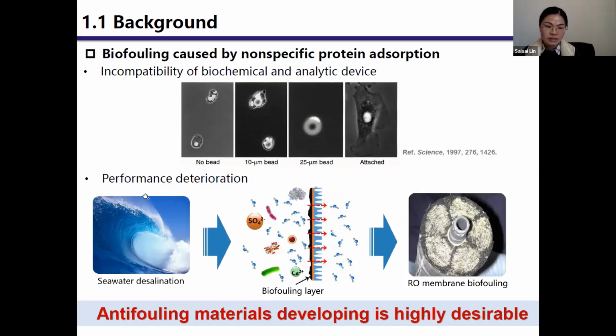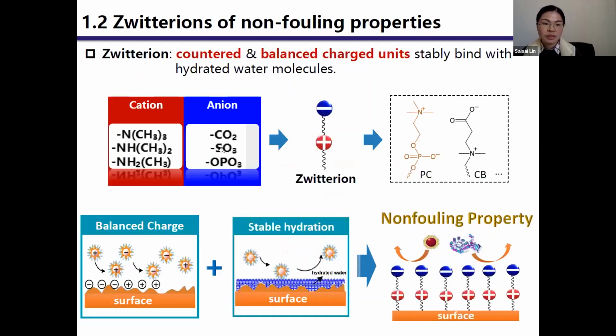You can also see performance deterioration of membrane-based processes. Therefore, the development of antifouling materials is highly desirable. Zwitterions have been regarded as excellent antifouling materials, and I think they can even be titled non-fouling materials.